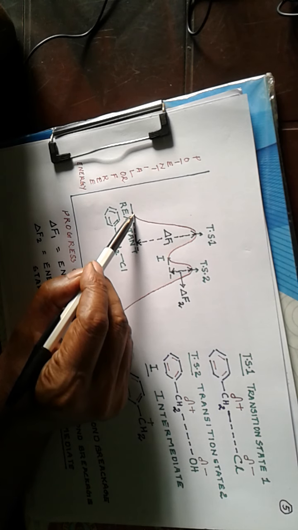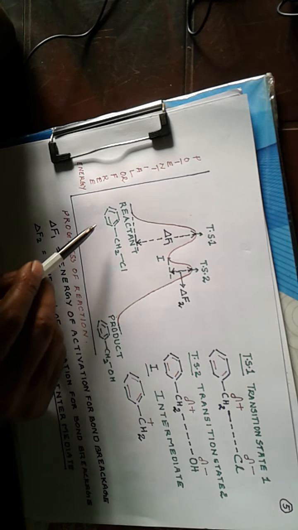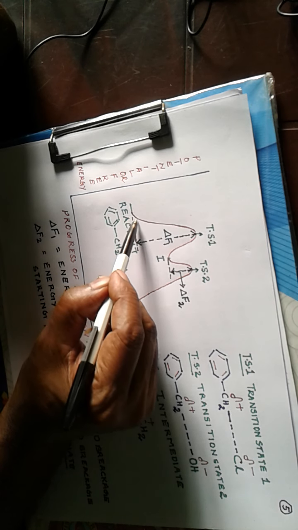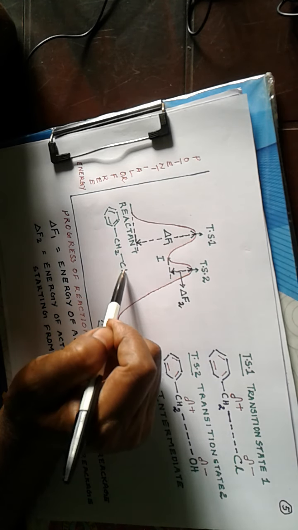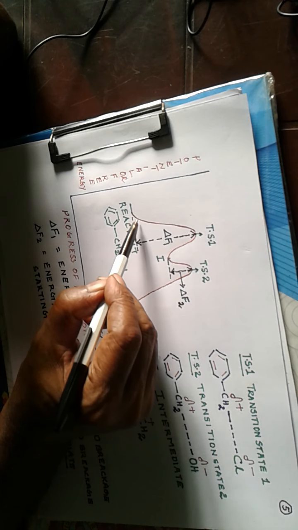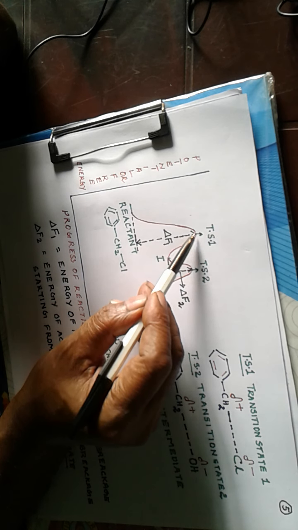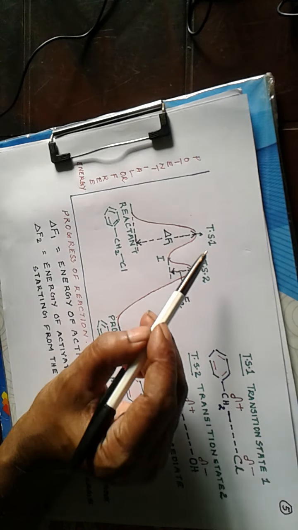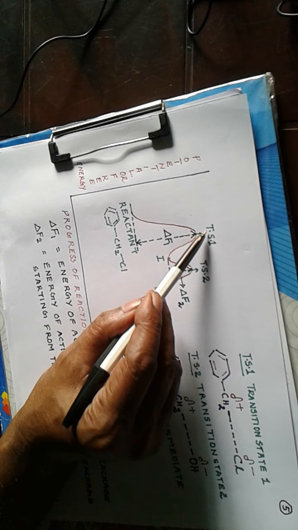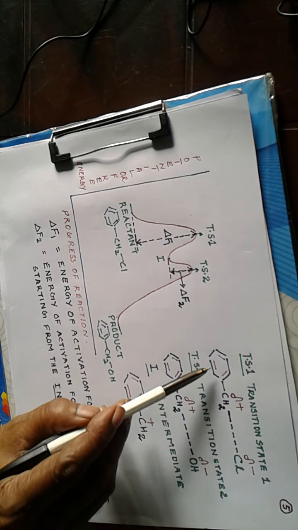Then from the reactant here, that is benzyl chloride, the potential energy gradually increases because there is stretching, and gradually resonance also increases, and a point is reached at which the potential energy decrease due to resonance is exactly equal to the potential energy increase due to stretching or lengthening of the bonds, and that is called a transition state. Transition state 1 is drawn here.